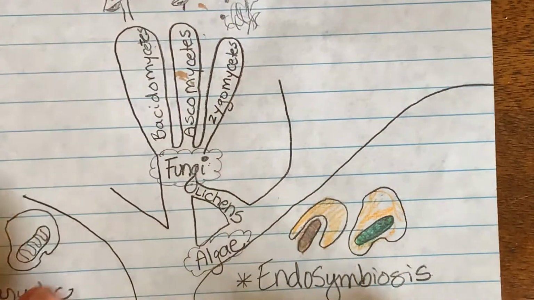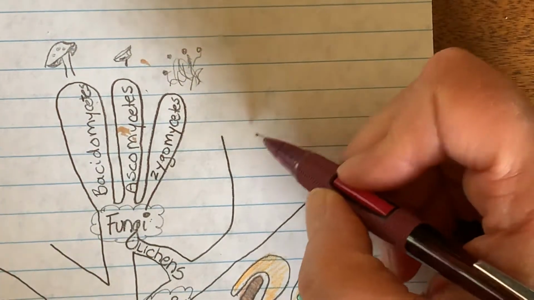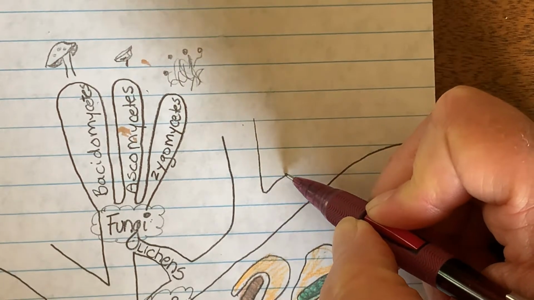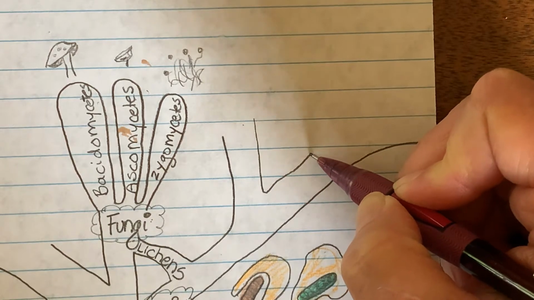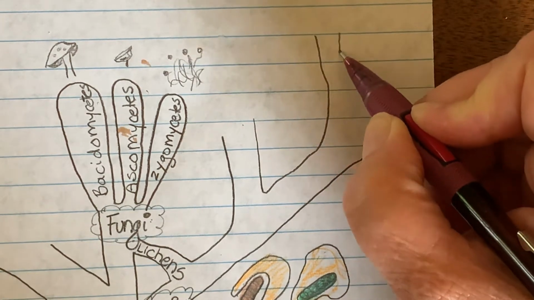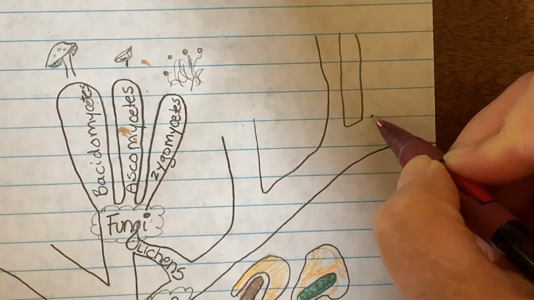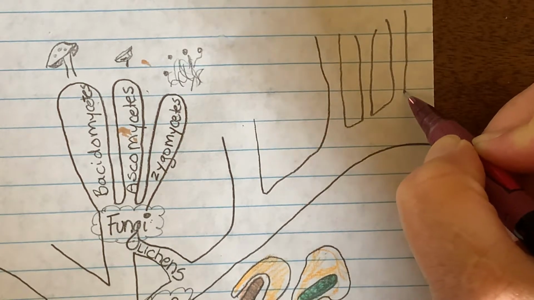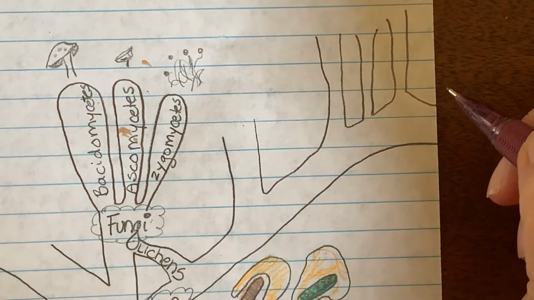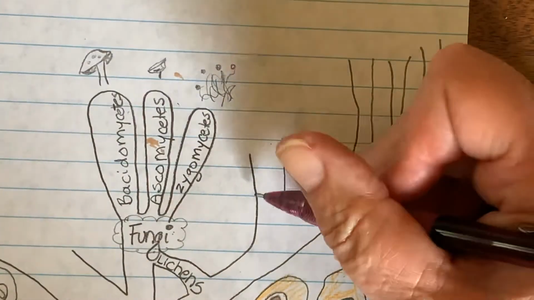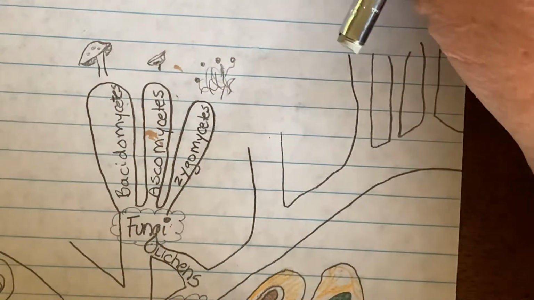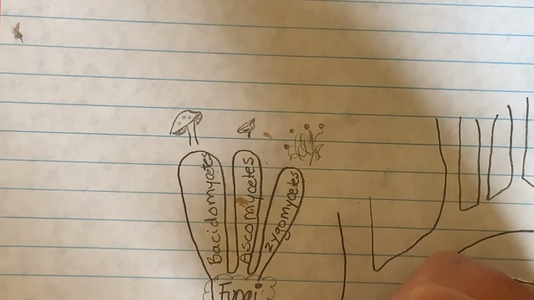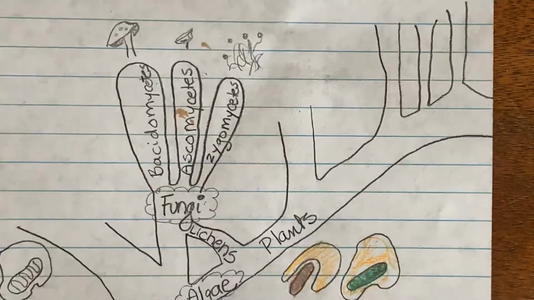And over here, where we have this thing dividing out, what I want to do is create a branch that's going to go up. And I have over this way 3 branches. So I'm going to have 1, 2, and 3. And all of these here at this point are plants. Whoops, you can't see that.